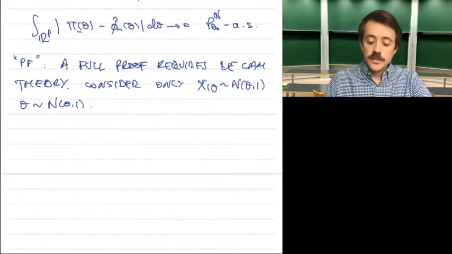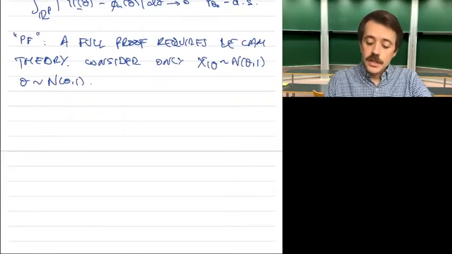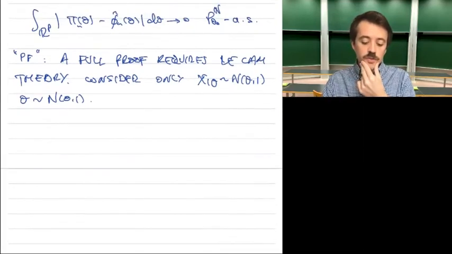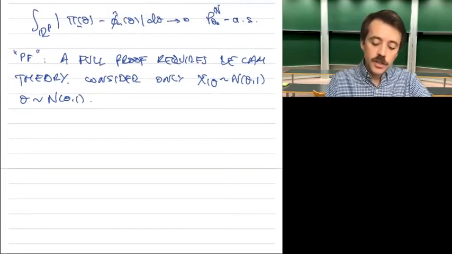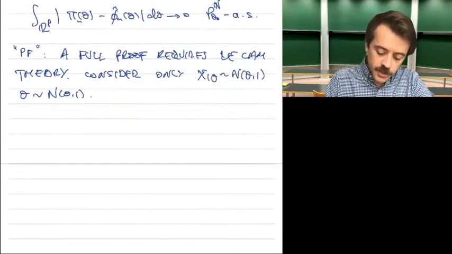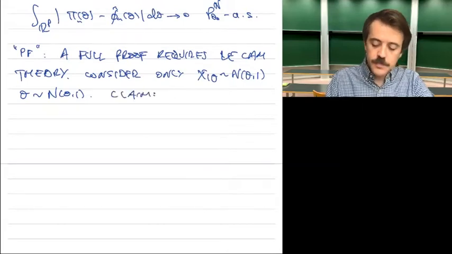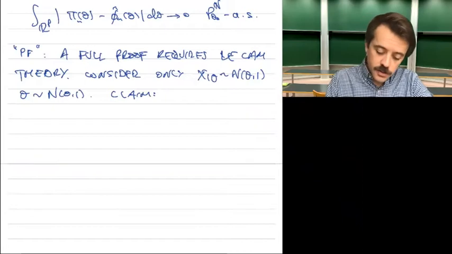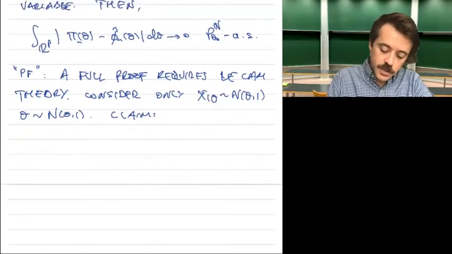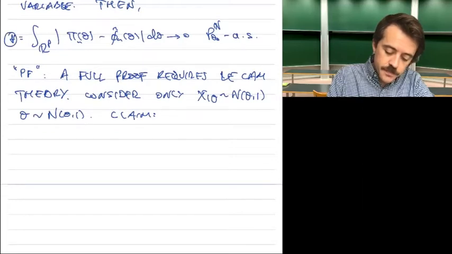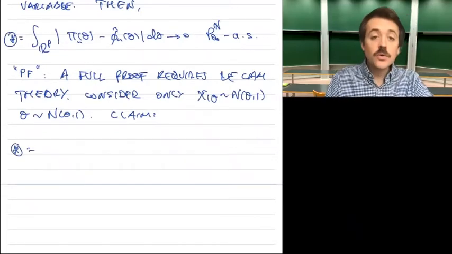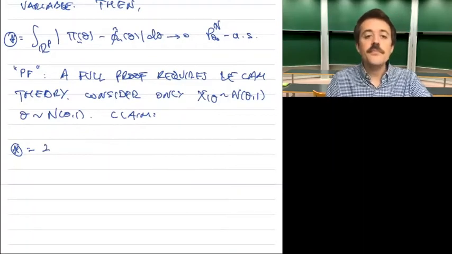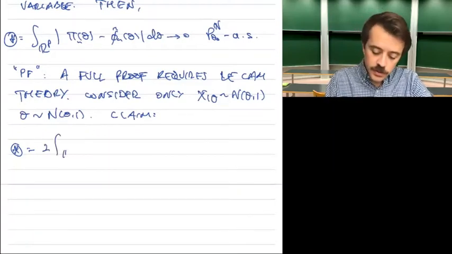If we consider this, we want to show this. Let me first make a claim. We claim that the left-hand side, let's call this star, is equal to 2 times the integral over Rp of the positive part of these guys.